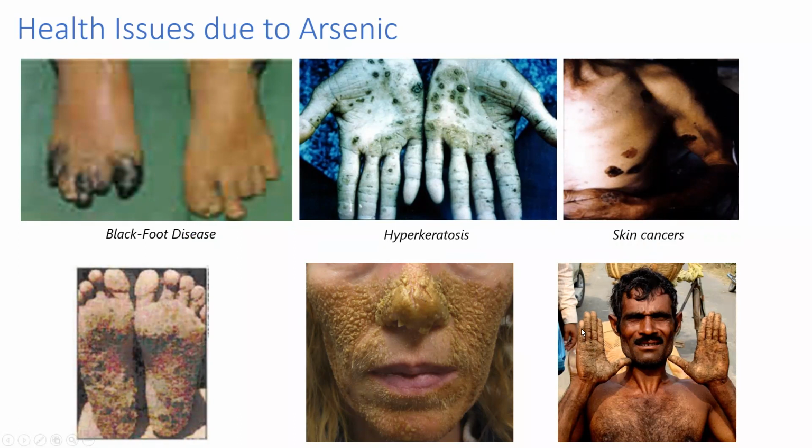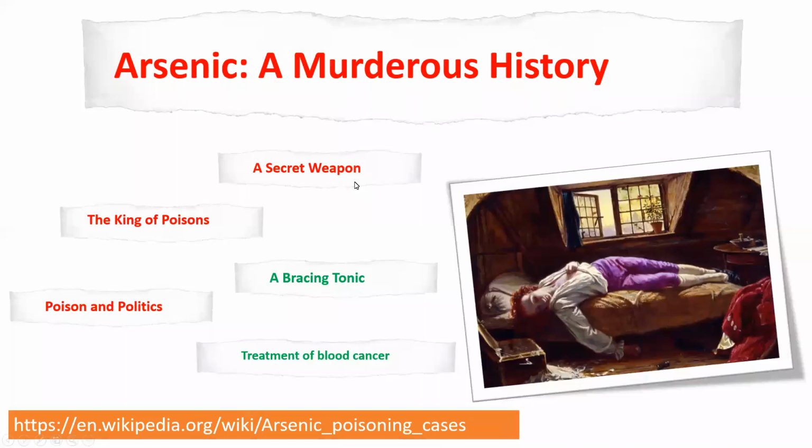They are discolored, and this texture is called hyperkeratosis, which can lead to skin cancer. And in black foot disease, you can see the foot and fingers of the foot are actually becoming black, and then skin cancer. So both on the hand and the skin, they cause cancers.